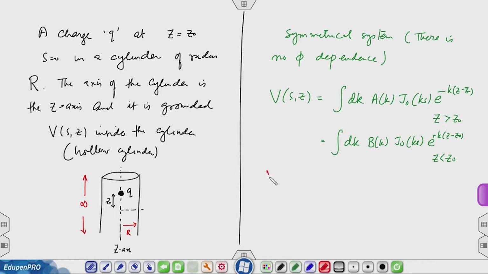Now, V(s equals r, z) is 0, that is the boundary condition.